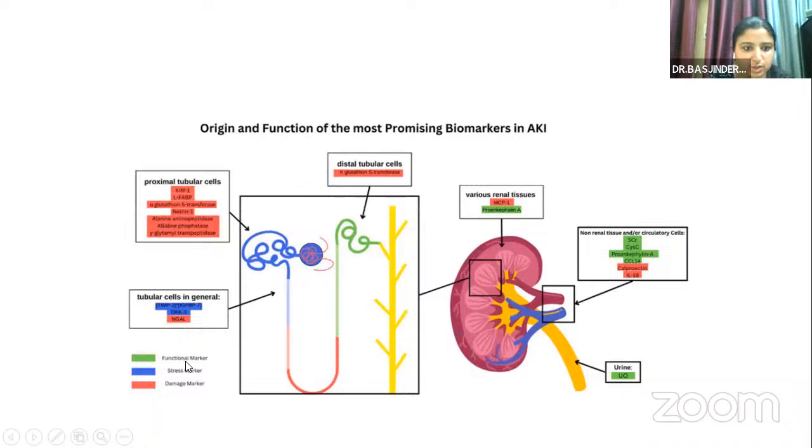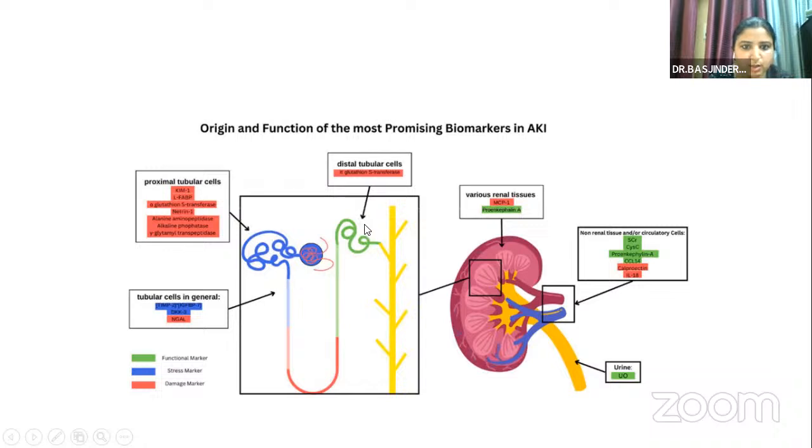And these are the functional markers, stress markers, and the damage markers, which, depending upon the part of the kidney unit from where they are released, help us diagnose that at this part some injury is suspected.